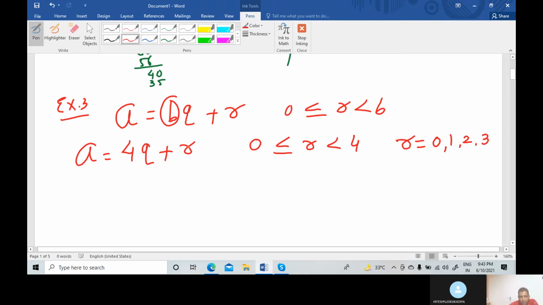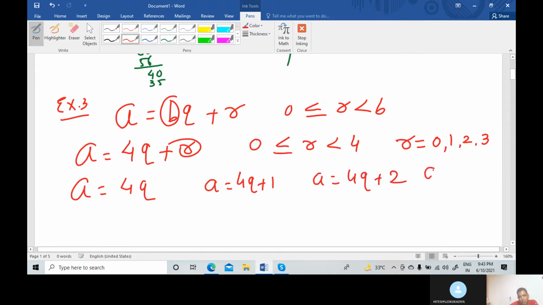Now put r equal to 0 first, so a equal to 4q. Put r equal to 1, a equal to 4q plus 1. Then a equal to 4q plus 2 and a equal to 4q plus 3. Here q is the quotient number, right? You can choose any positive integer, starting with 0, 1, 2, 3.